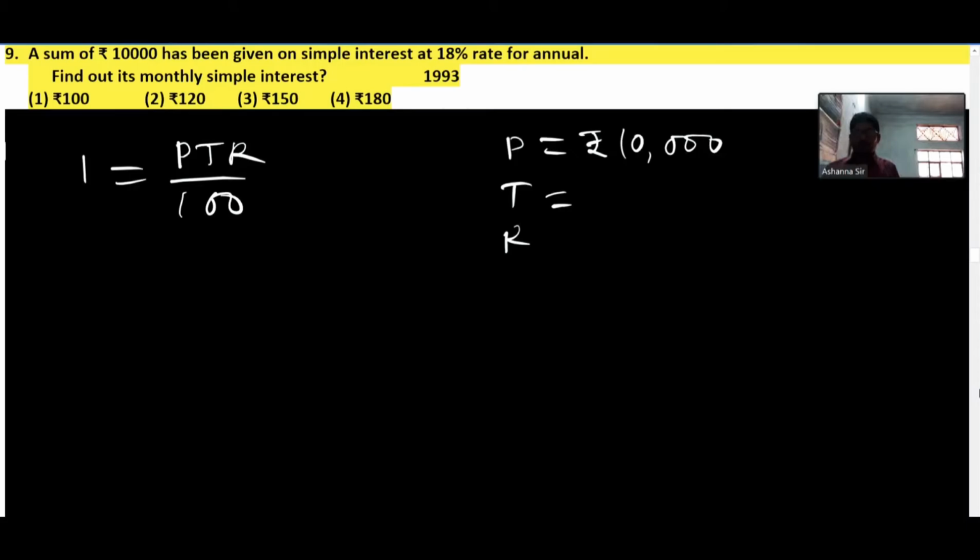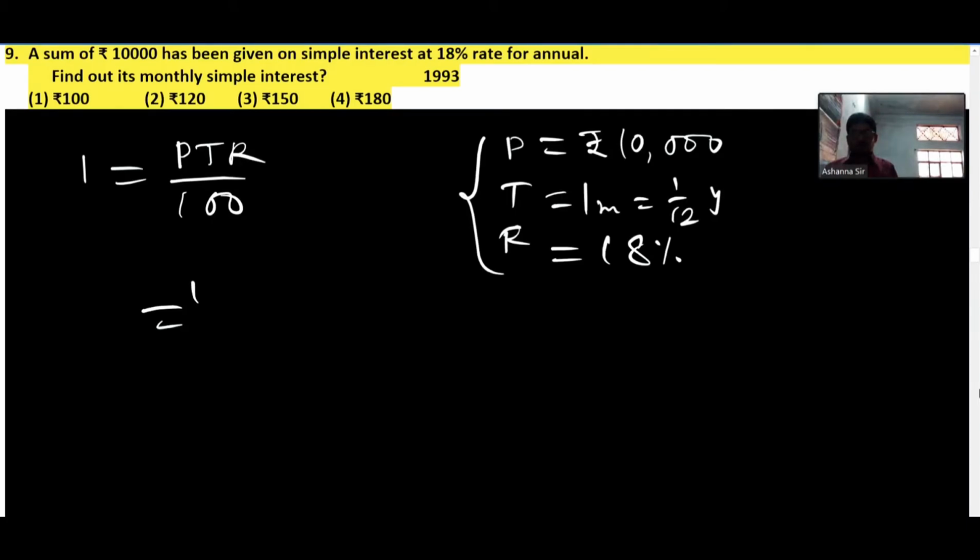Time, find out its monthly simple interest. 1 month means 1 by 12 years. Time is converted into years for applying in this formula. Rate of interest 18%. Now we have to substitute these values in this formula to get interest.